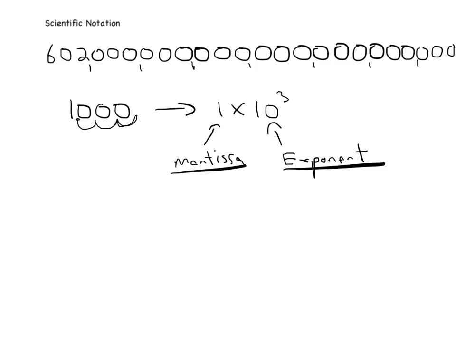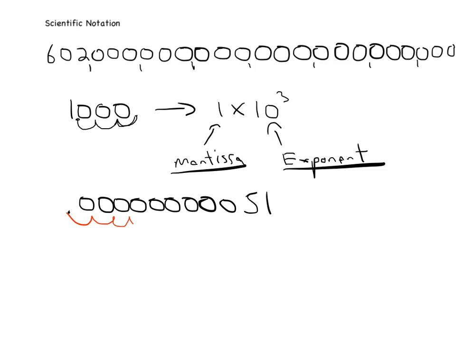Okay, so what about a small number? So let's go 0.0000000051. Well, again, I'm going to move the decimal point until I have a number between 0 and 10. We're going to move it 1, 2, 3, 4, 5, 6, 7, 8, 9, 10.